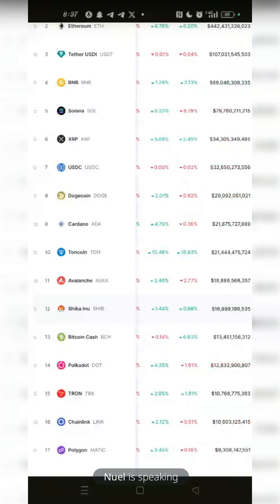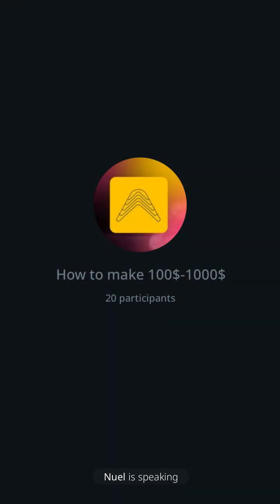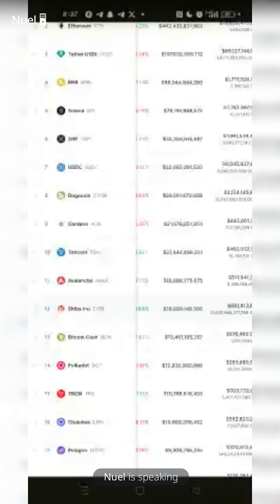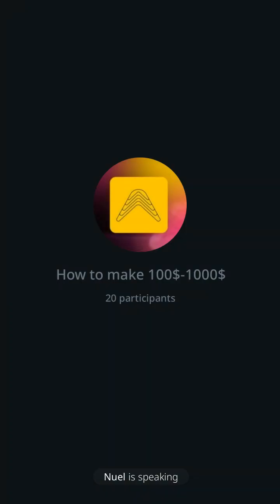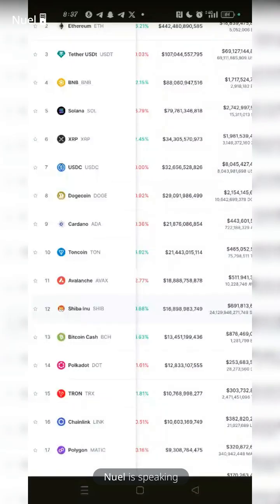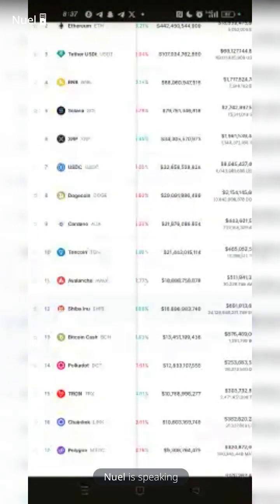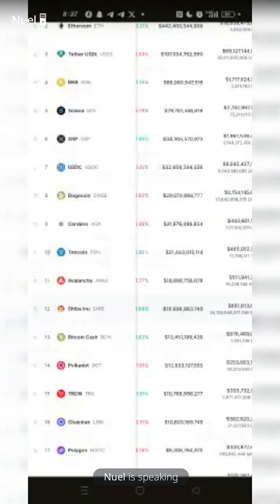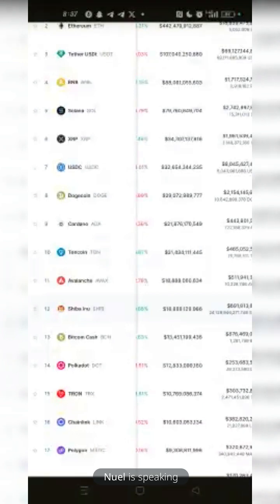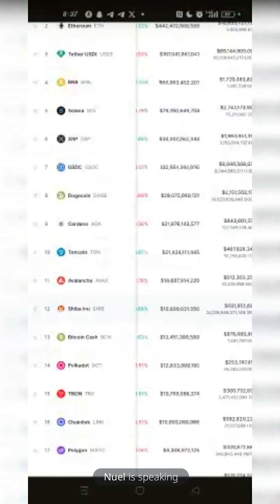So you multiply that 5,000 with 16 billion, and you see that the market cap has to beat Bitcoin's market cap, which is totally impossible. In fact, it has to beat the whole market cap of the entire cryptocurrency space for it to get to $1. So this is to show you that it is nearly impossible for Shiba Inu to get to $1.